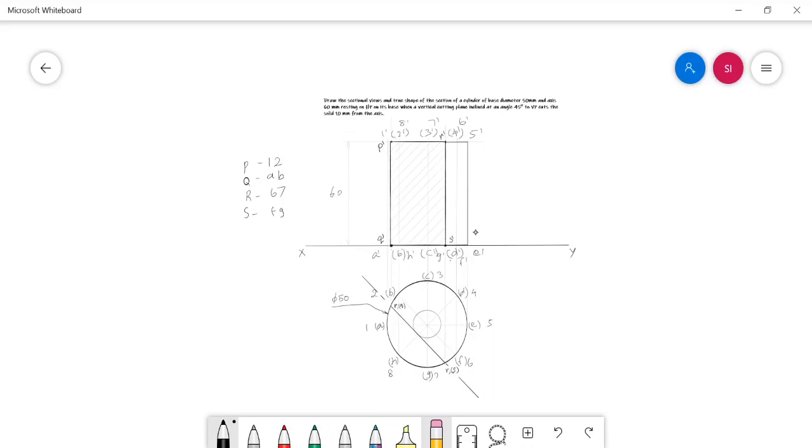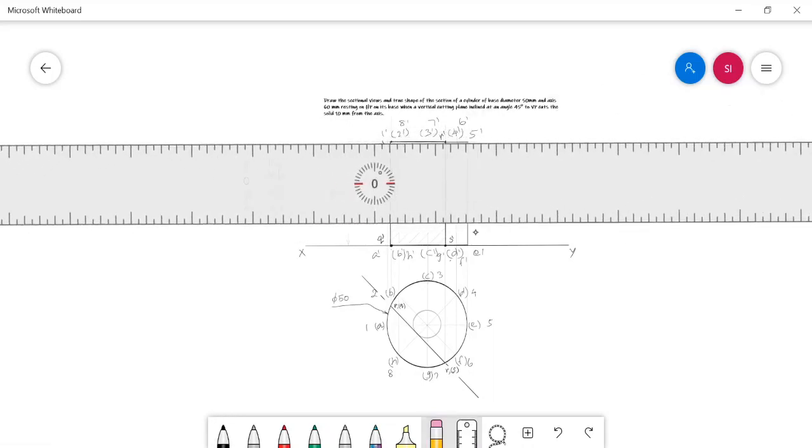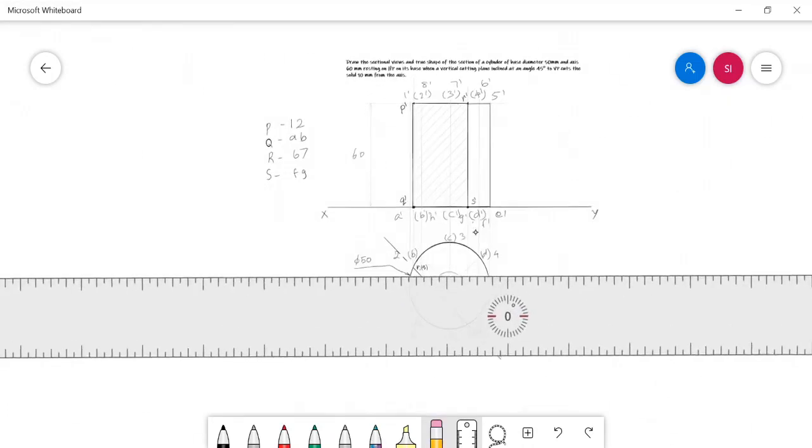Now we have just completed the sectional front view and the top view. After that, we have to draw the true shape of the section. For that, we need to project the cut points perpendicular to the cutting plane towards the front view area in order to mark them in the auxiliary reference line.